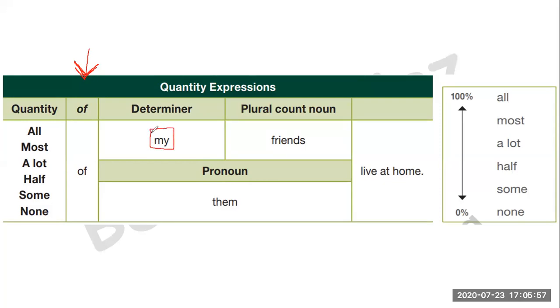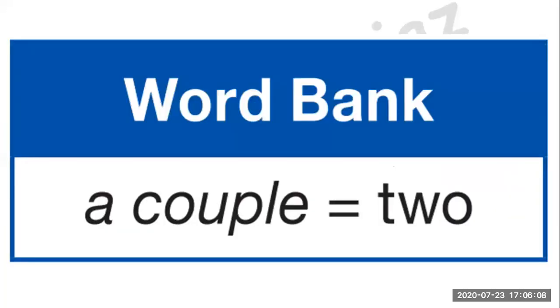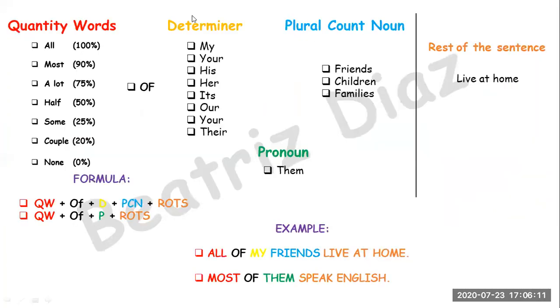Determiners are these. For example, let me show you something else to show you the determiner. These are determiners. In this case, we are using pronouns, right? As you see, we're using my, your, his, her, it, our.